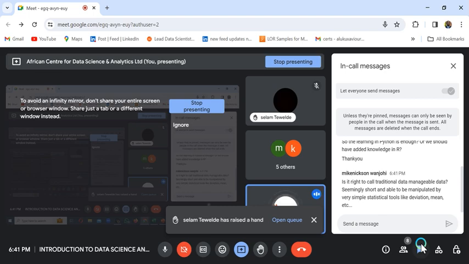Okay. Mike is asking: is it right to call traditional data manageable data? Any data can be easily managed, but I think I can take the second part of your question: that it is simply short and able to be manipulated by very simple statistical tools like division, mean, and so on.